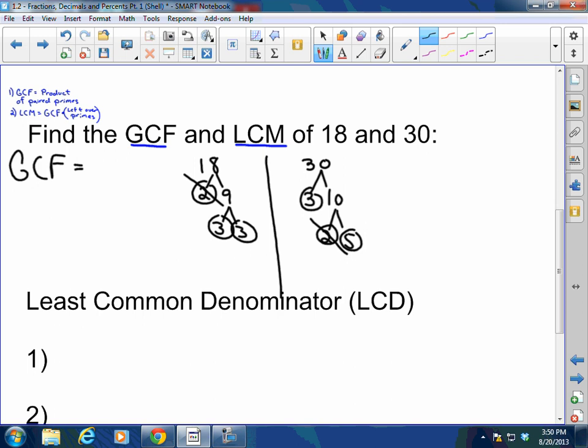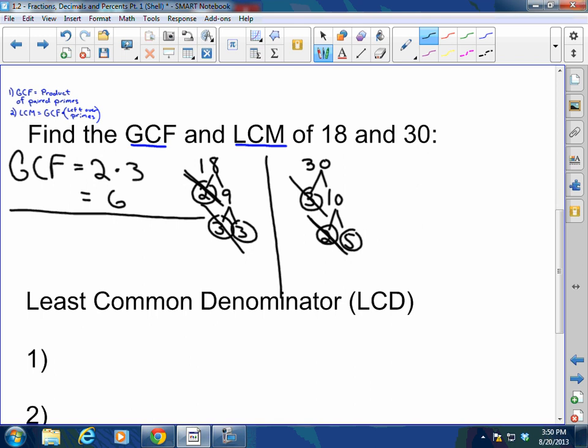That's one pair. Every pair comes out as 1 of that value. So a 2 and a 2 comes out as a 2, times a 3 and a 3 comes out as a 3. Do I have another 3 in both? No. Do I have a 5 in both? No. So the GCF is 6.